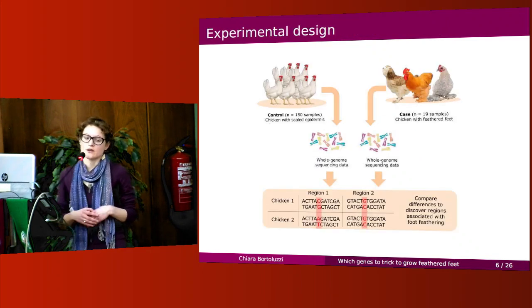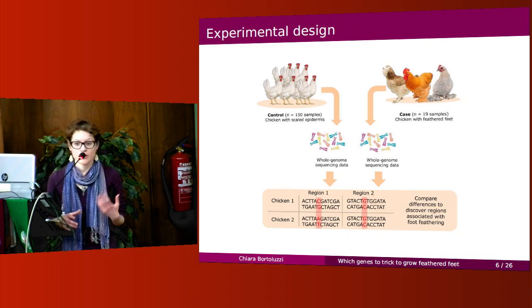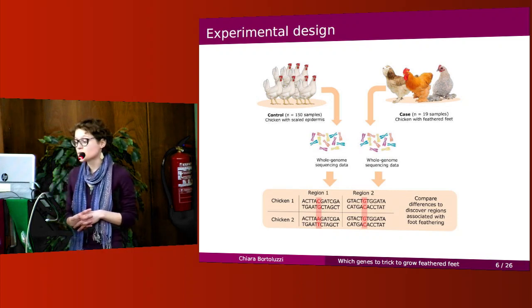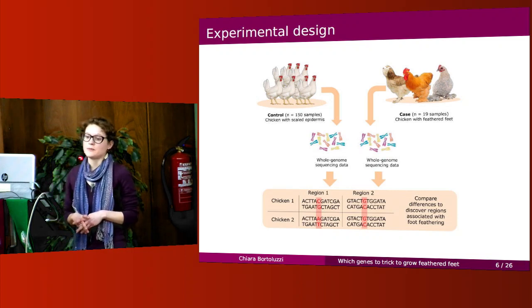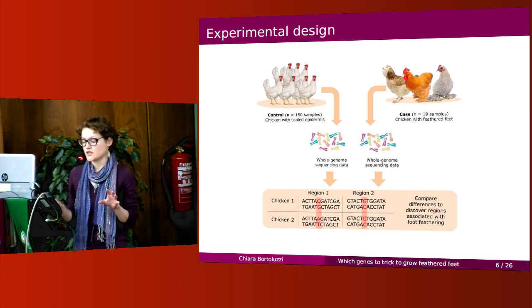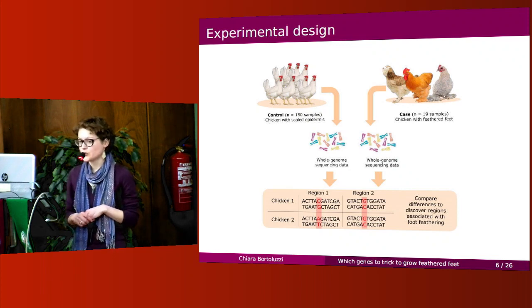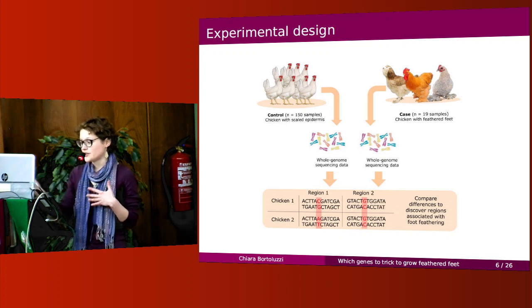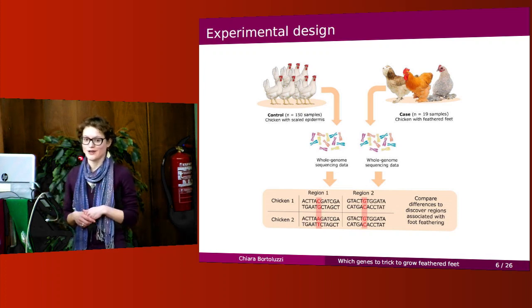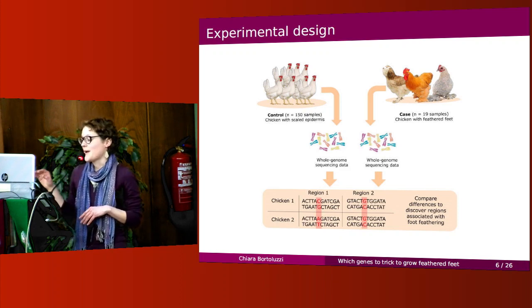To do that, we collected more than 100 samples with whole genome sequence data, and we simply performed, as an initial analysis, a genome-wide association study. We had 150 samples that we used as controls that did not have the phenotype, and in the figure they are shown as commercial egg layers, but in reality we had traditional breeds.